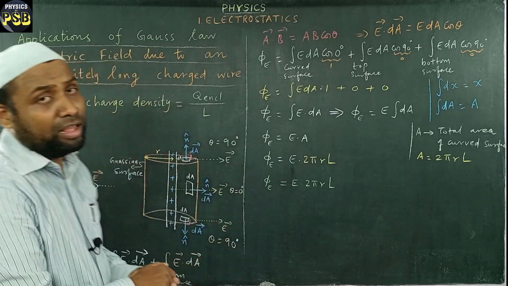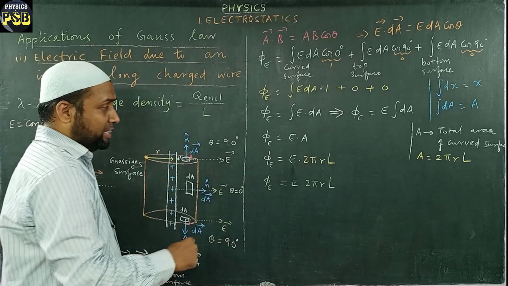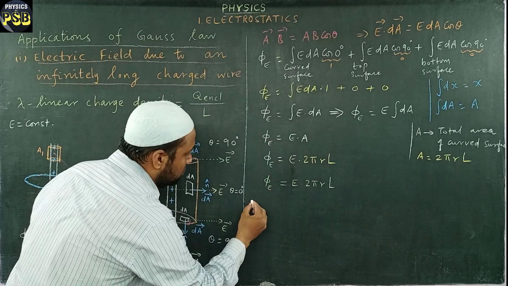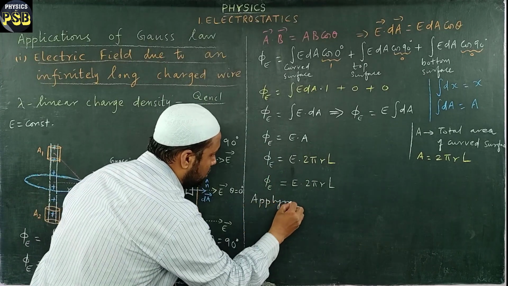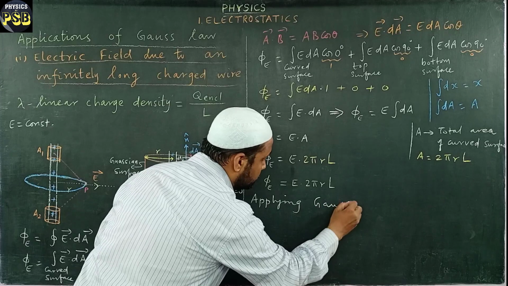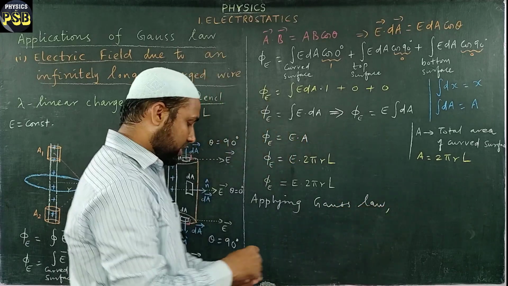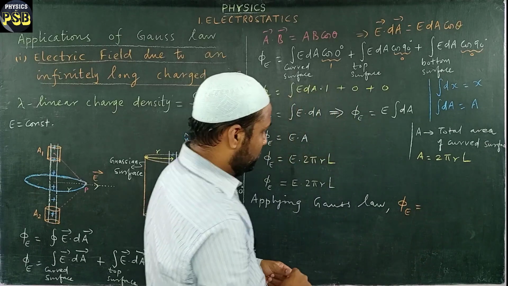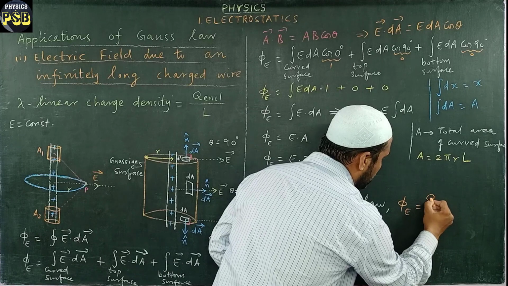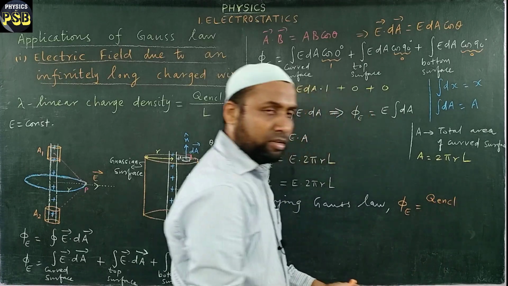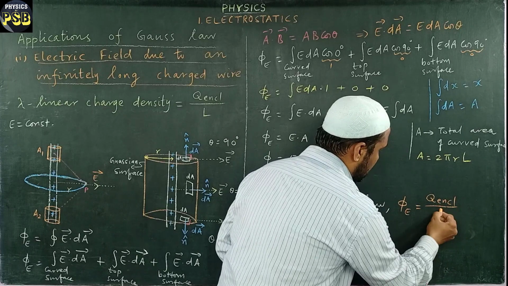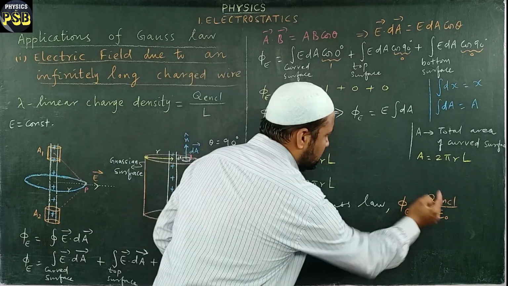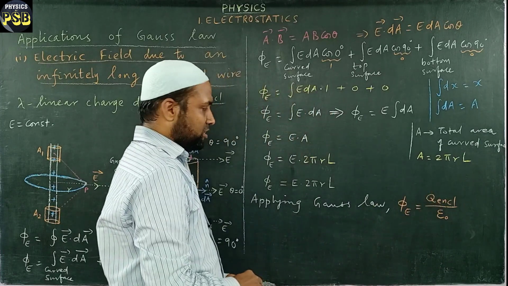To get its value, I apply Gauss Law that will ultimately provide us the expression for E. What is Gauss Law? Gauss Law says that electric flux is equal to the ratio of enclosed charge and permittivity of free space.